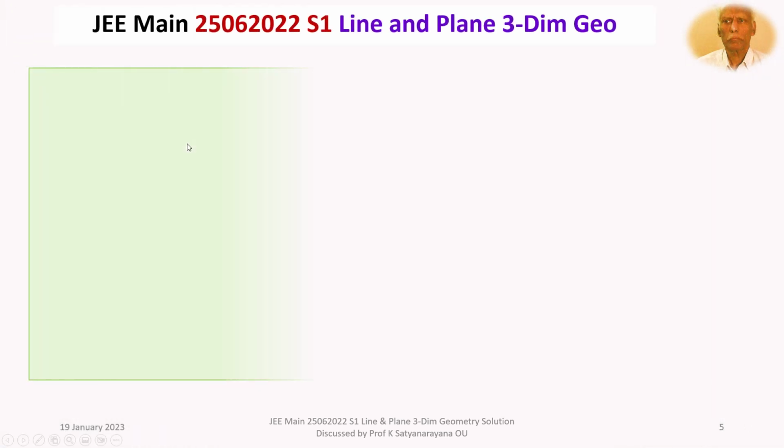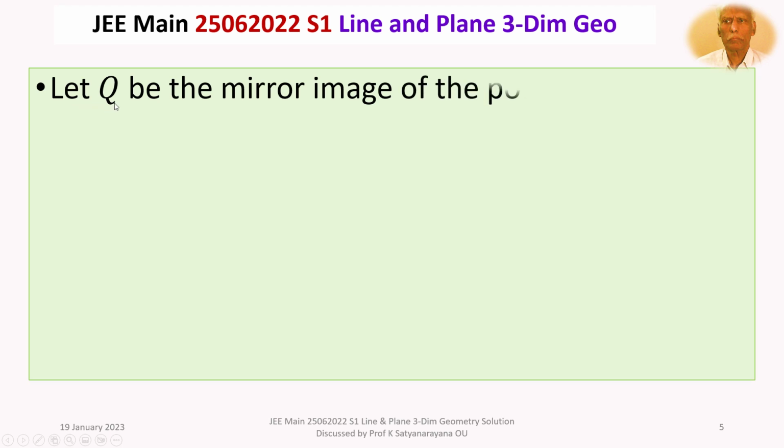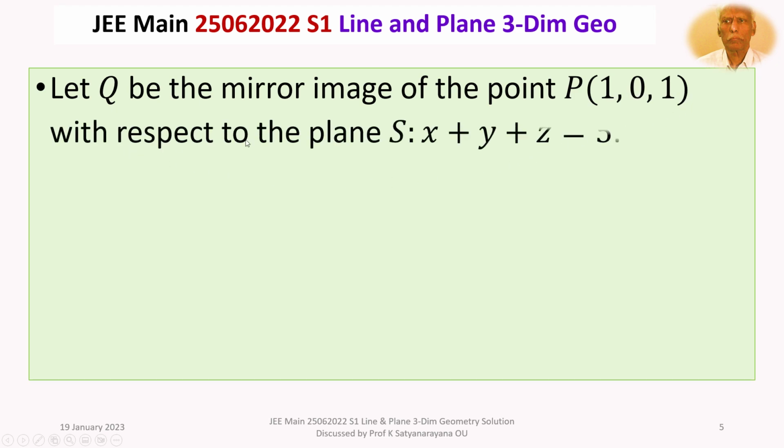The given problem is, let Q be the mirror image of the point P with coordinates 1, 0, 1 with respect to the plane S, whose equation is x plus y plus z is equal to 5.